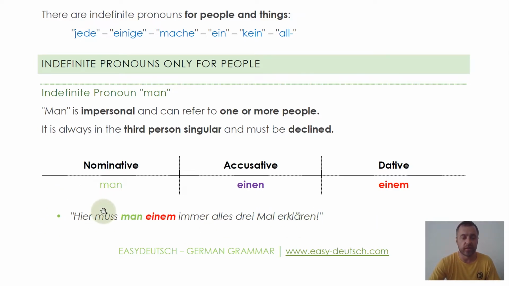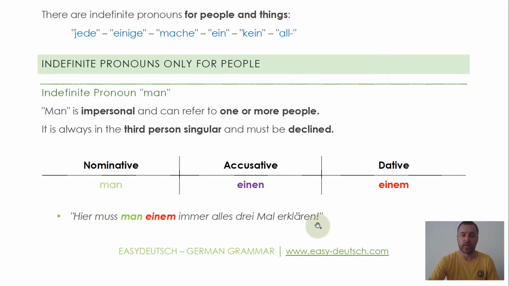So here, you, that's the first one, but in English it's always you if you want to talk about something in general, have to explain to everyone everything, all the time, 3 times. A little bit complicated, different word order here, but that's what it means.